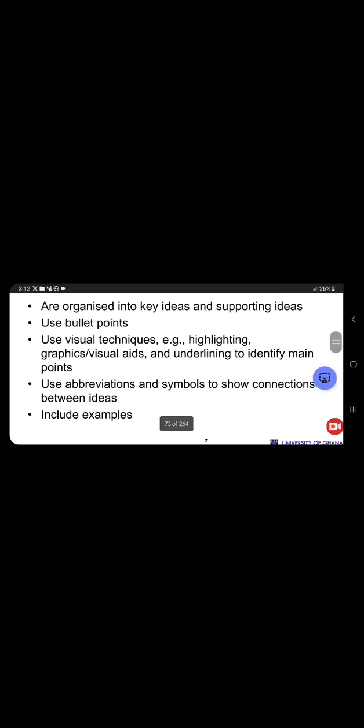Just like that. And then use visual techniques, by highlighting, graphics, visuals. You can be sketching. That is one of the methods you can use.